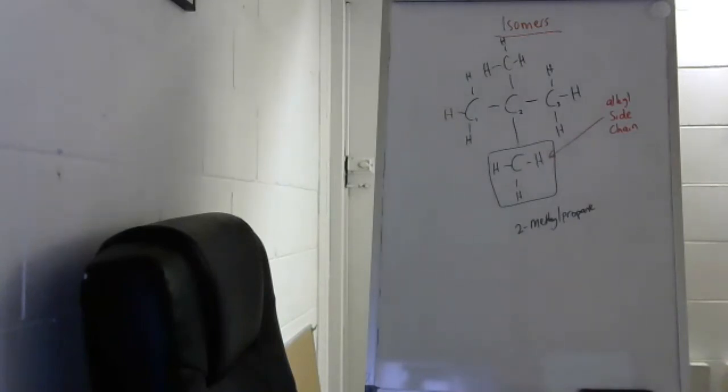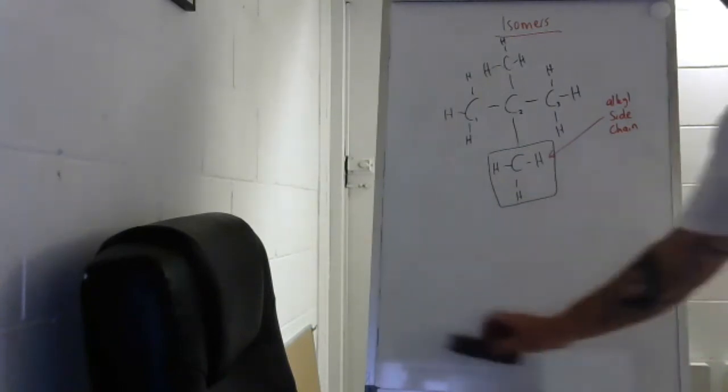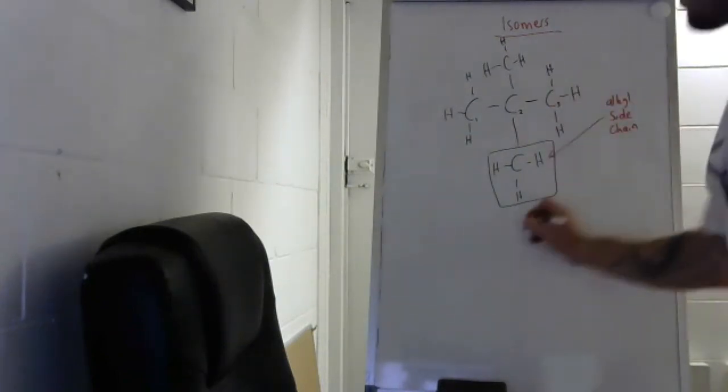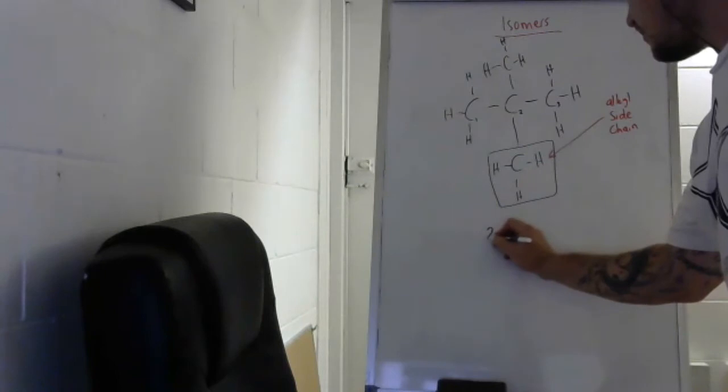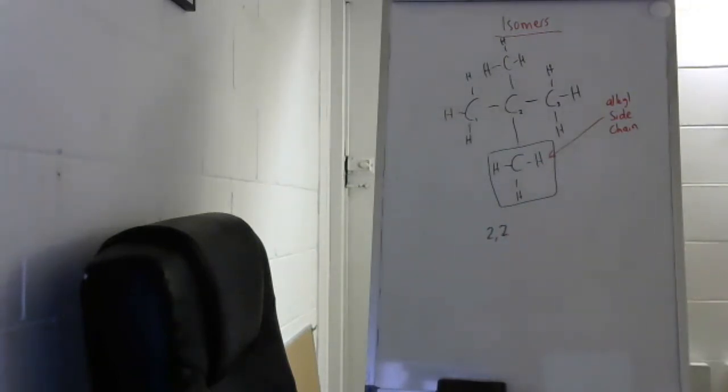So now we have 2 side chains. Oh my gosh, what do we do? Well, we take carbon, so they're both coming off carbon. So 2, 2, we name the position of the functional group first.